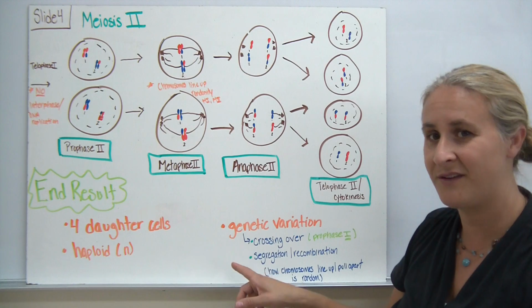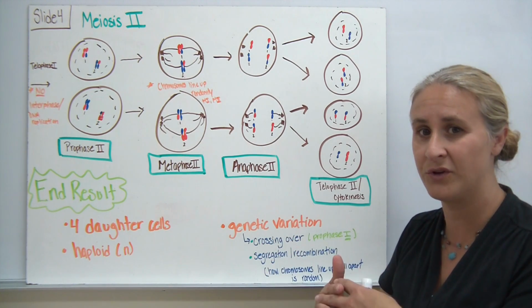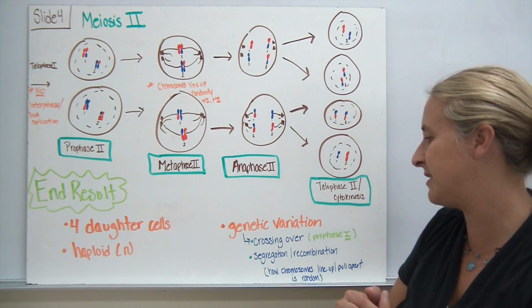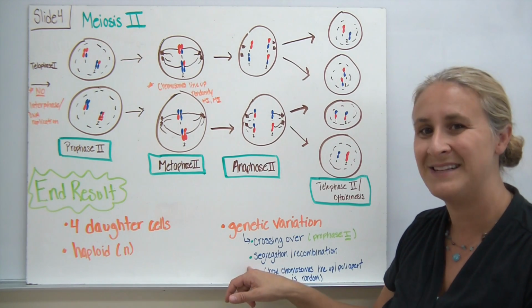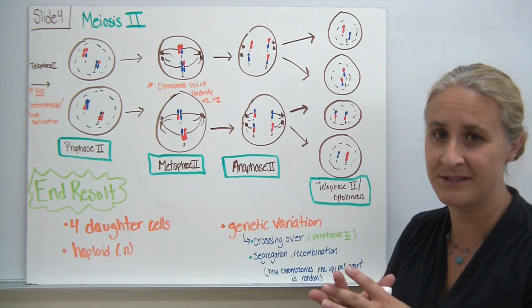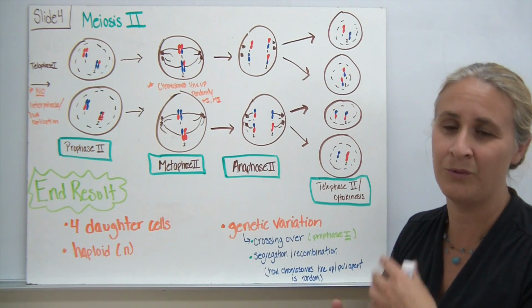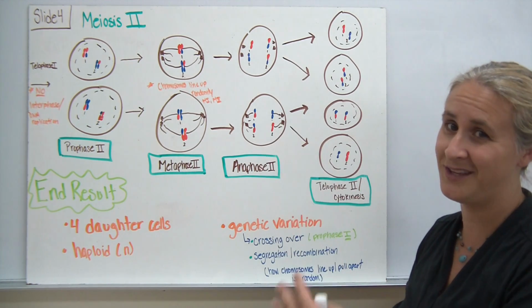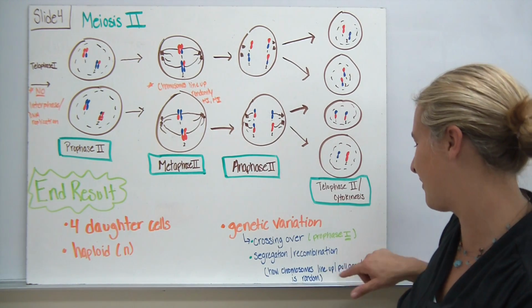We have sources of genetic variation from crossing over during prophase 1, where the information can be exchanged within the tetrads. We have DNA that separates, or segregates, and recombines randomly. So we don't know which cell is going to get which set of chromosomes. We just know that they get each of the different types of chromosomes.